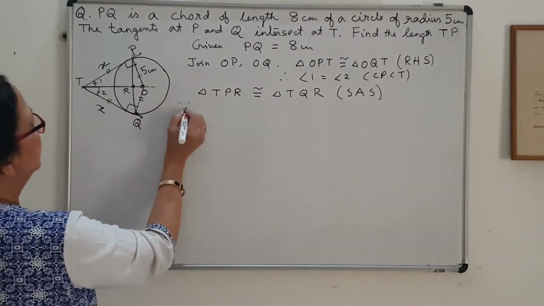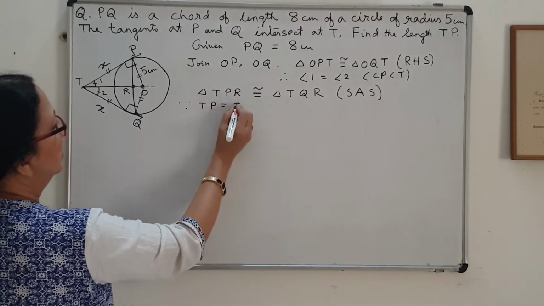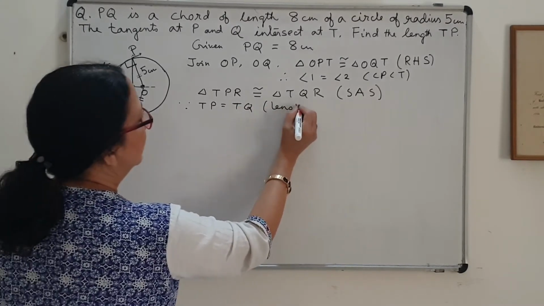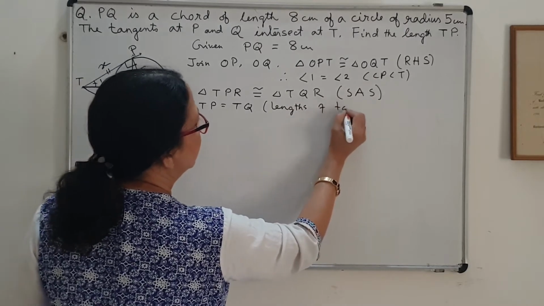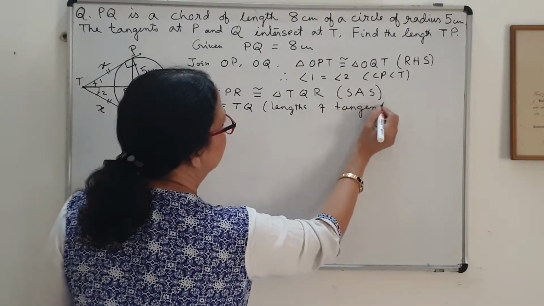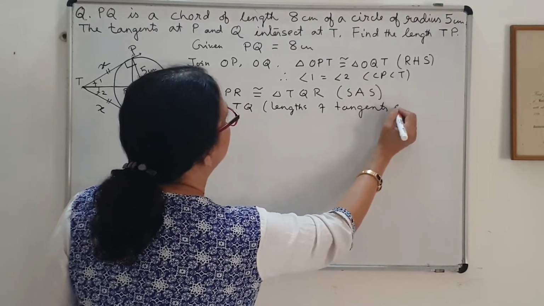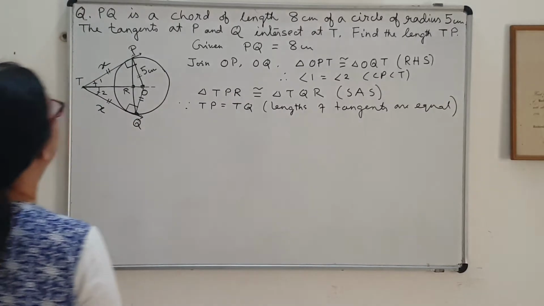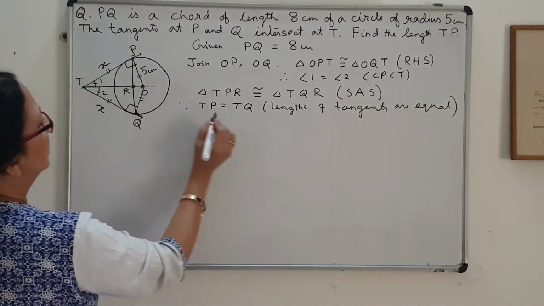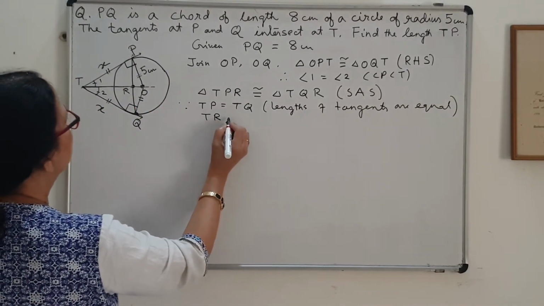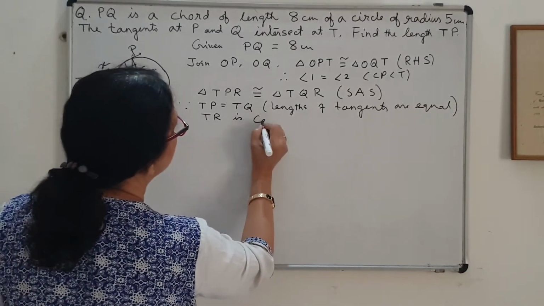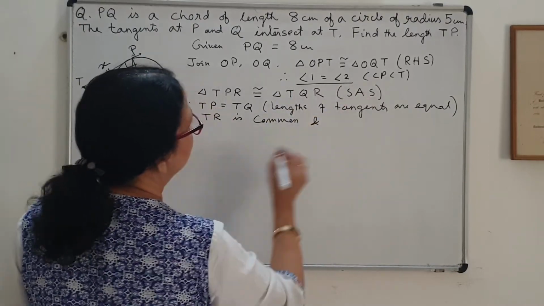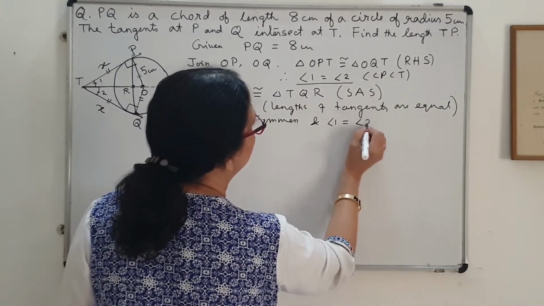So we can write, since TP is equal to TQ, in bracket we can write lengths of tangents are equal, and your TR is common, and we will be using this criteria, angle 1 is equal to angle 2.